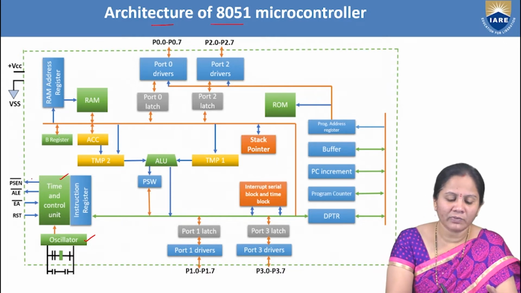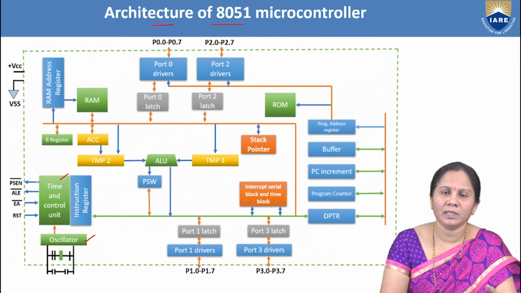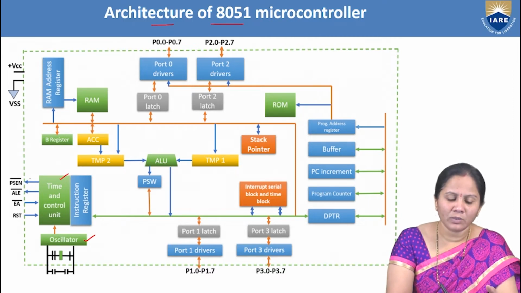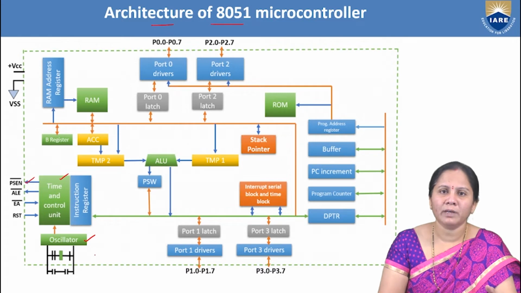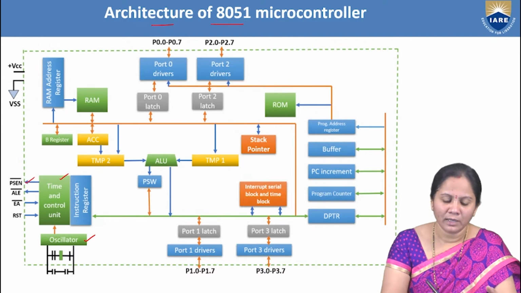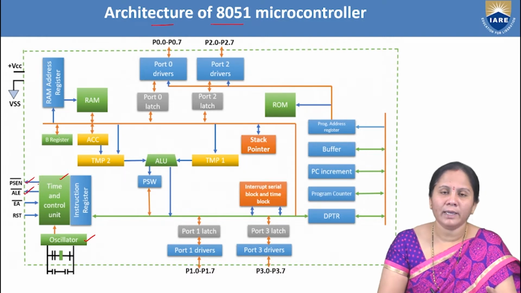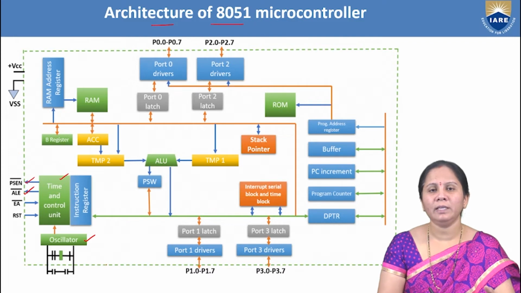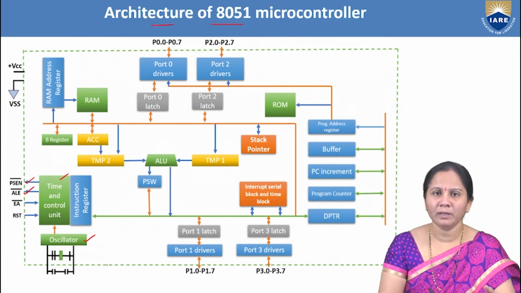Here we can see different signals connected to this timing and control block. The control signals are PSEN bar, where PSEN stands for program store enable, an active low signal. Another control signal is ALE, which stands for address latch enable; it is also an active low signal.